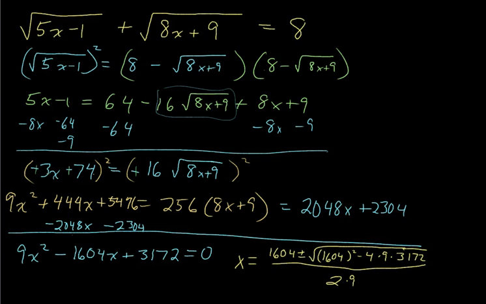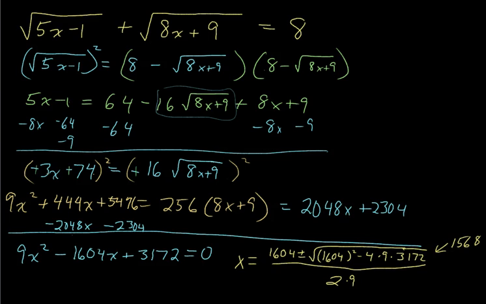All right, the square root of that is 1568, the square root part. 1604 plus 1568 divided by 18 is 176 point something.